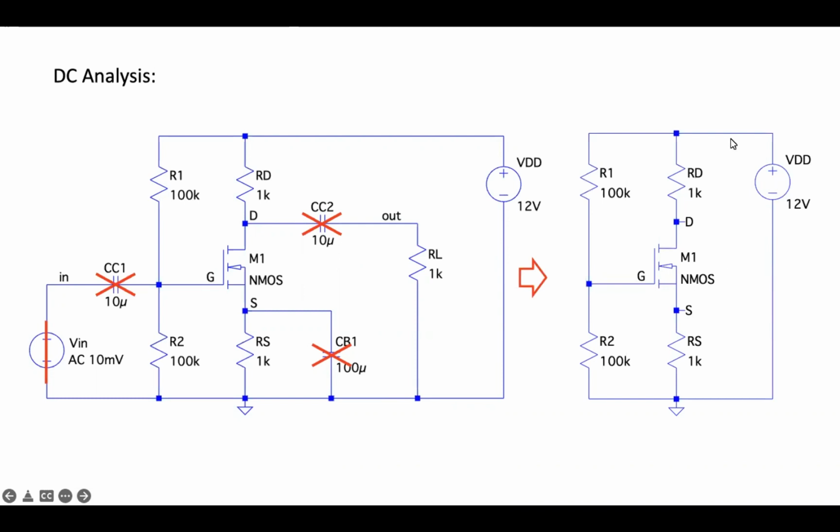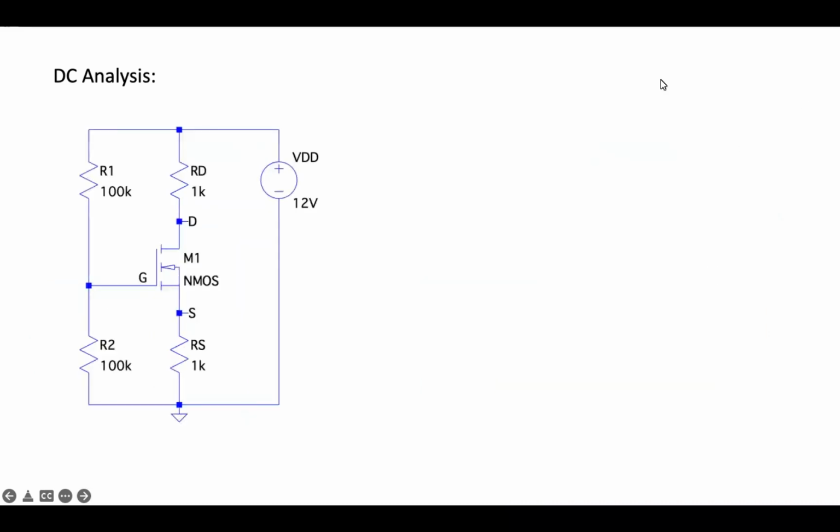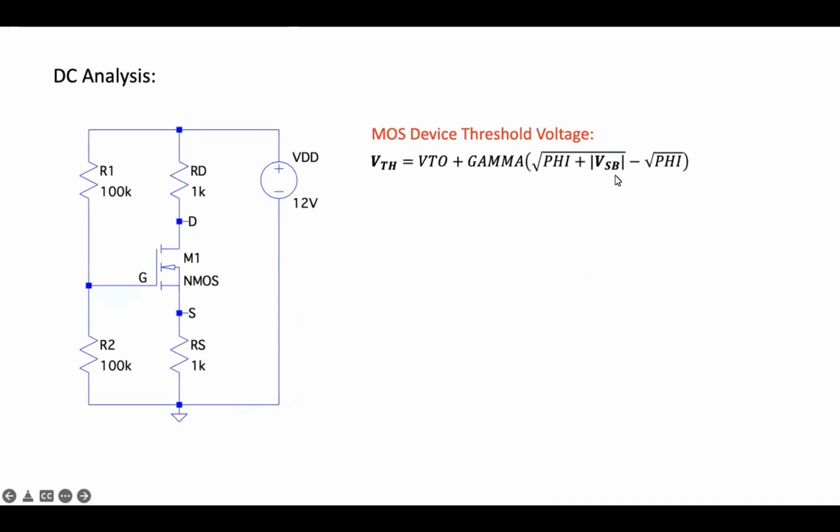So what will remain is the biasing circuit. So we have here again the voltage divider bias of transistor M1. Then for our analysis, we have to check the VSB.